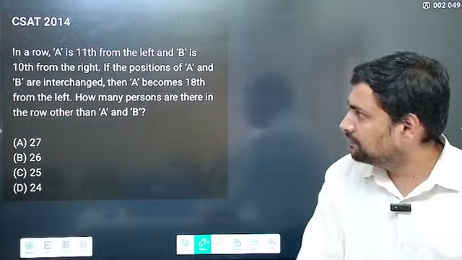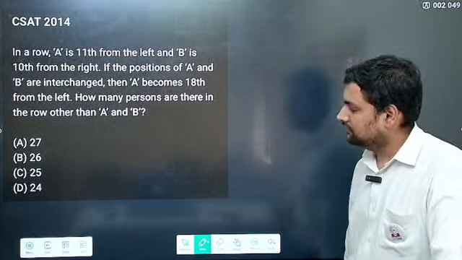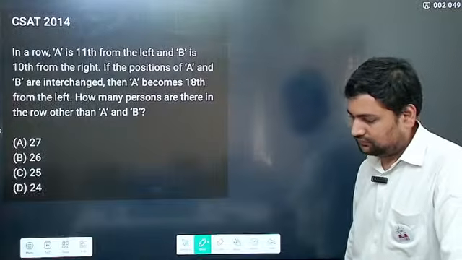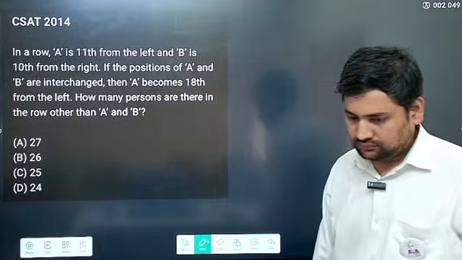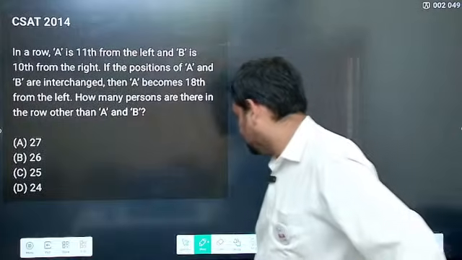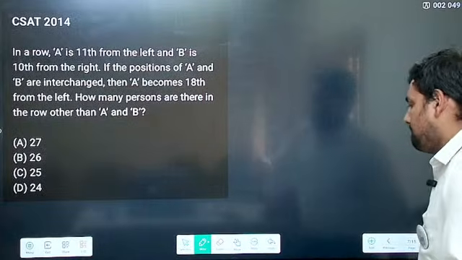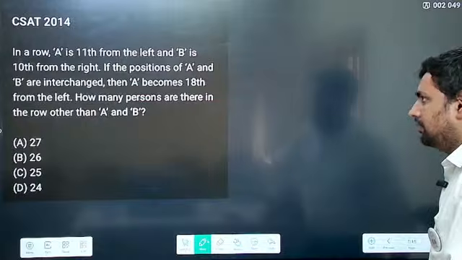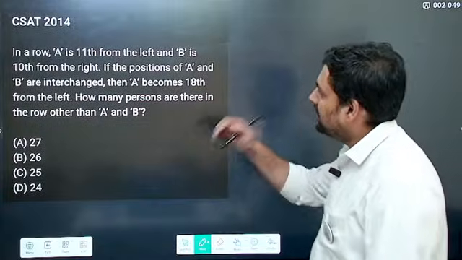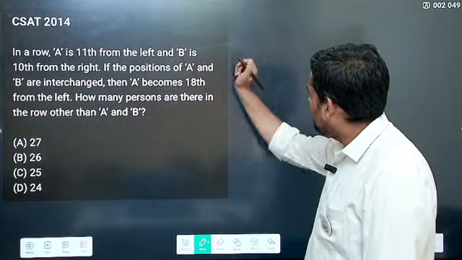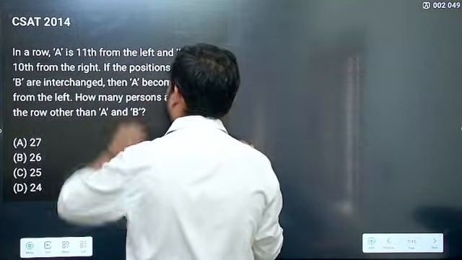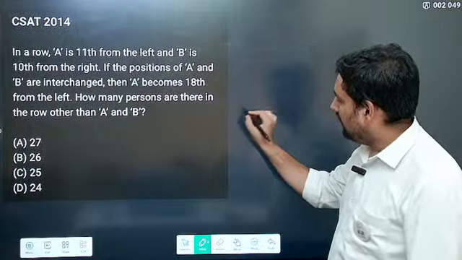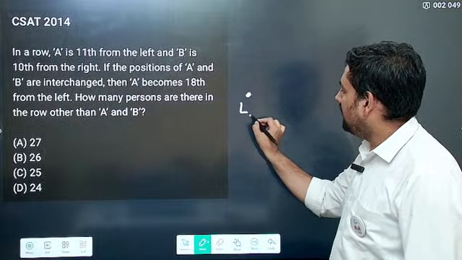Start drawing the diagram. Okay, I'm just drawing the diagram. By that time, you also draw. Try to draw it yourself. In a row, A is 11th from the left. I'll explain it.